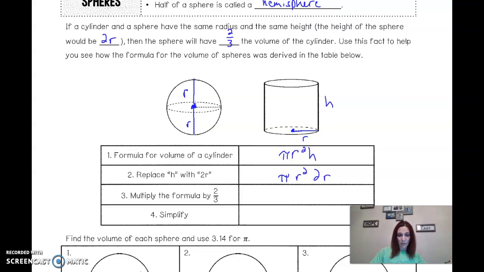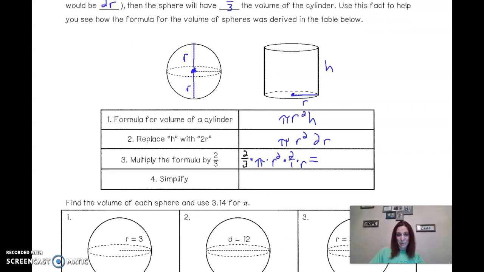So I'm going to go 2/3 times pi times the radius squared times 2, and that's actually times r, okay? And the reason I do this, I kind of wrote it out like that, is because with the exception of pi, these two numbers here we can multiply together, and we get on the top 2 times 2, which is 4, 3 times 1 on the bottom, which is 3.